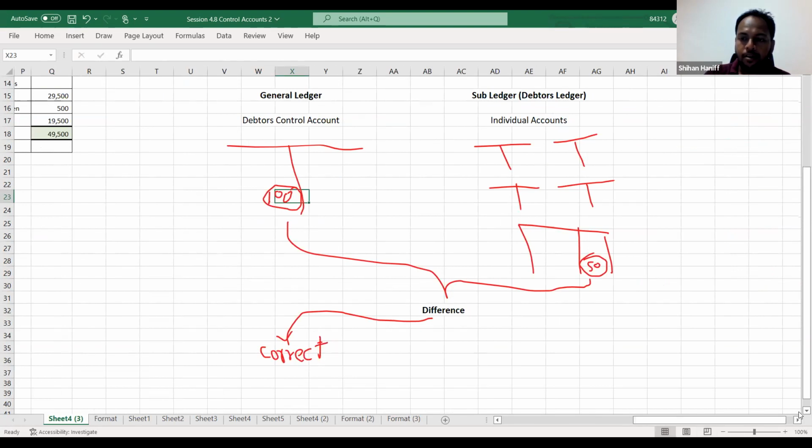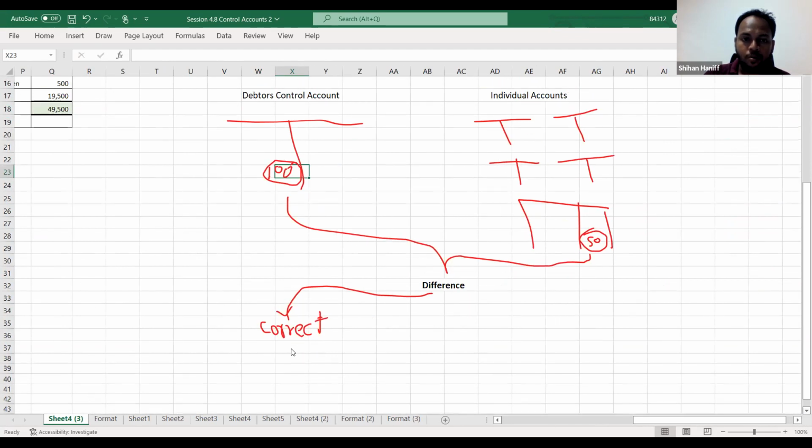How are you going to correct it? Through the adjusted control account.